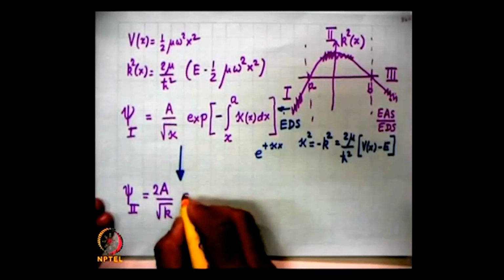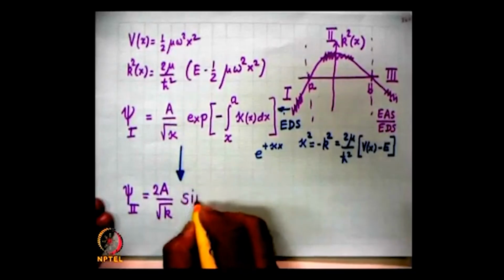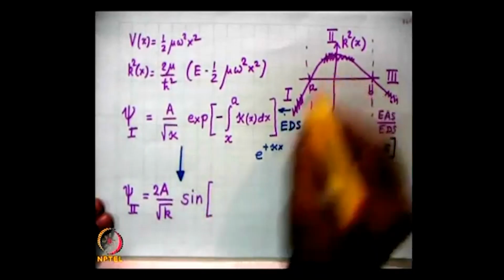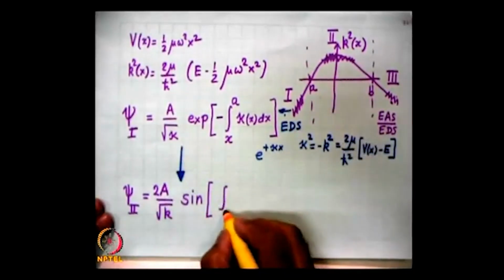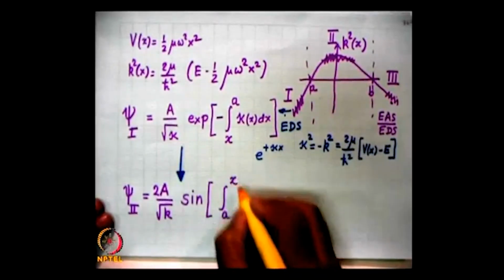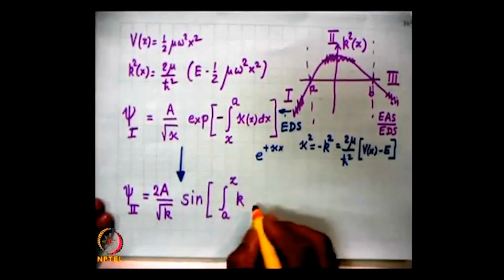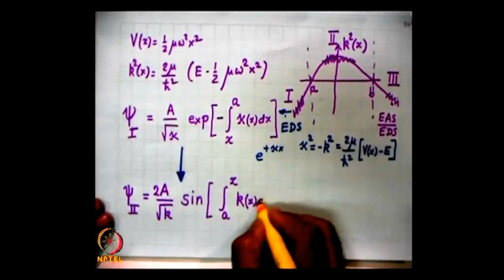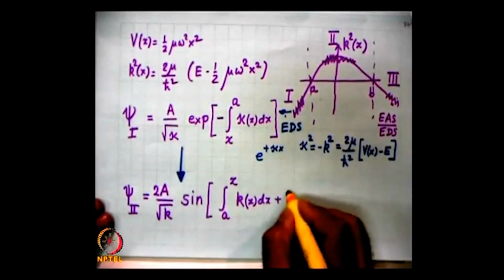This is the connection formula which I have told you without proof, but we will prove that sine of, in this region x is greater than a, integral a to x of k of x, k is a function of x, but in future I will not write k of x, just k, plus pi by 4.